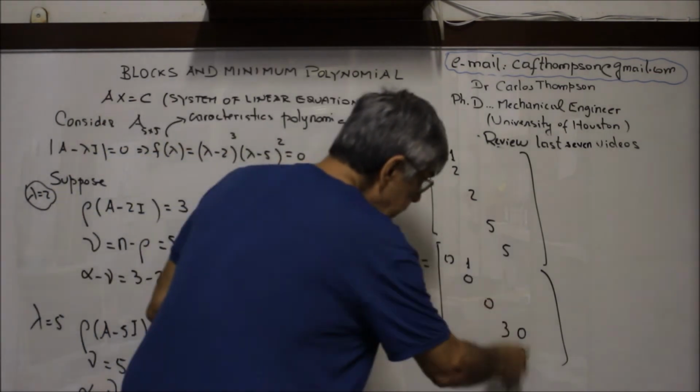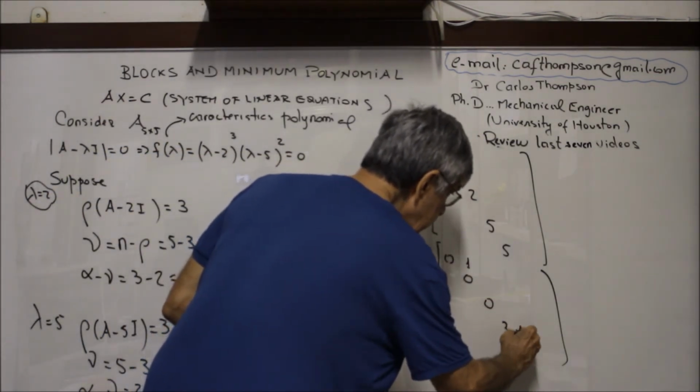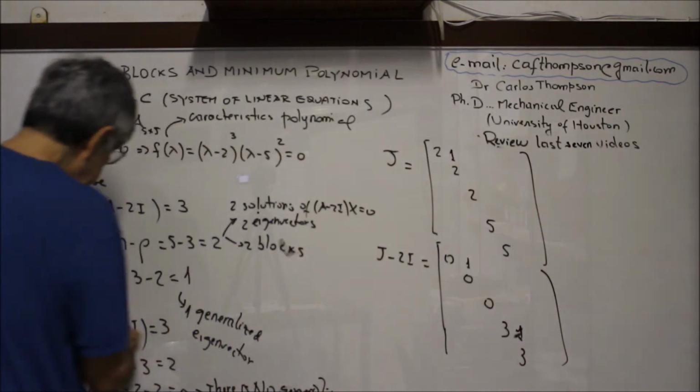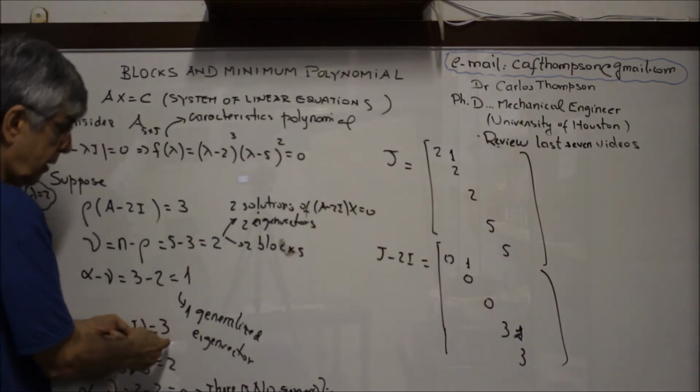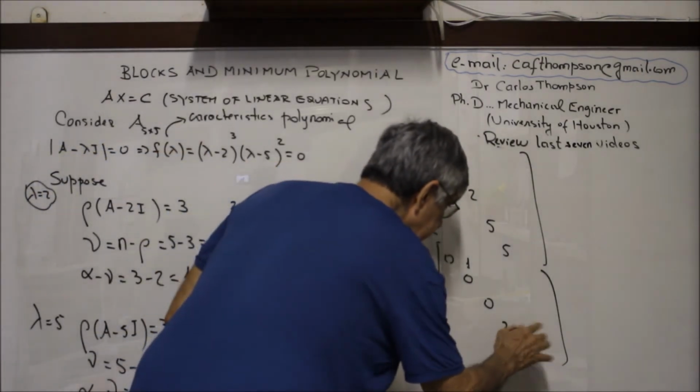So there is no one here. I cannot put one here. If I put one here, rho cannot be 3. Now this is 0 here.